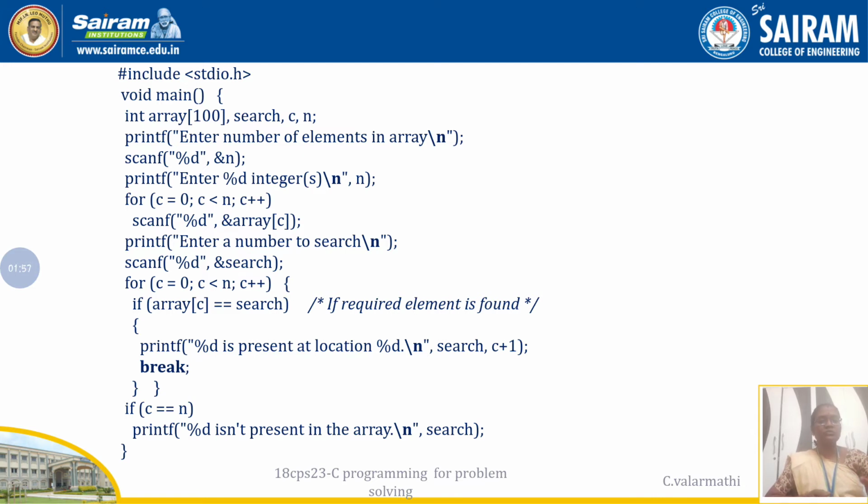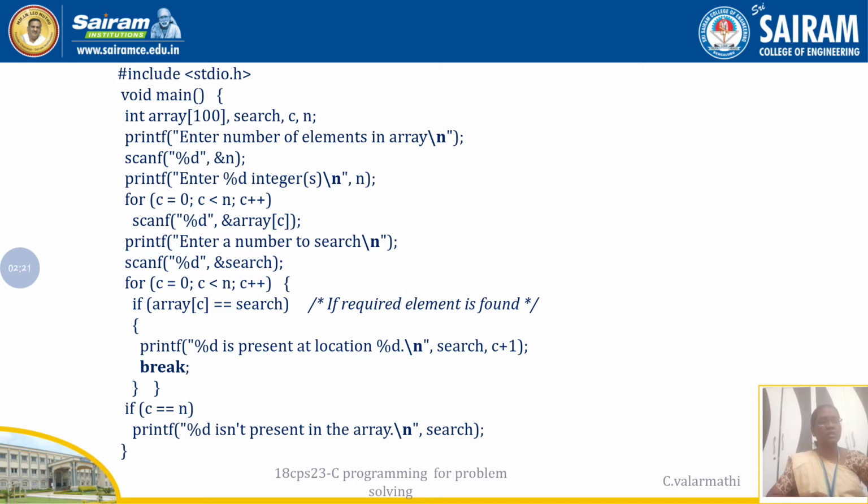Say for example my length of array is equal to 10, which means 10 elements should be read using a for loop statement. For that I have used for c equal to 0, c less than n, and c plus plus. Why have I used c less than n instead of not equal to? Because c starts from the 0th location.